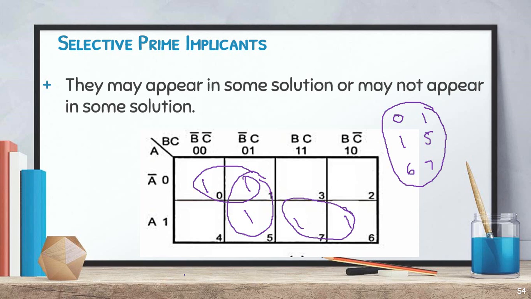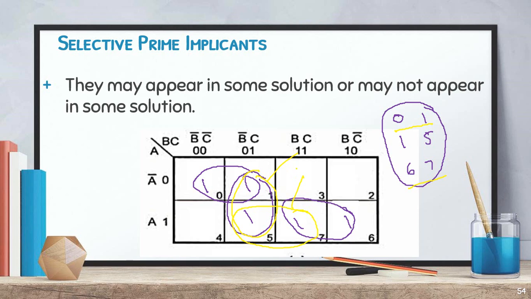So in this example, we can say that either we can use this 5, 7 or we can use 1, 5. Either one is possible. Anyway, 0, 1 and 6, 7 are common in both groupings. The difference is either we can do 1, 5 or 5, 7. These two we call selective prime implicants.